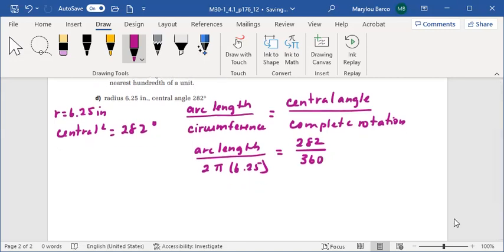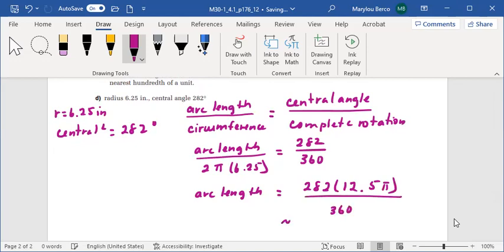So arc length equals 282 by 12.5 pi all over 360, which will give us approximately 30.76, and that'll be inches to be the arc length.